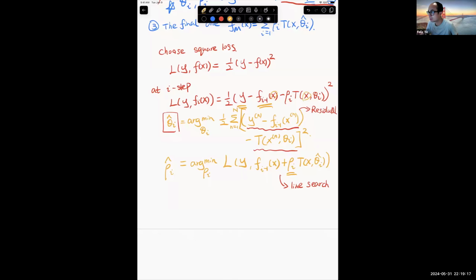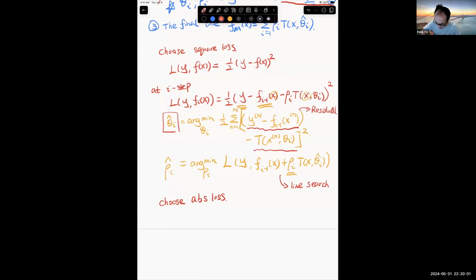But of course, if we have a more complicated loss function, how can we do this update? For now, with the square loss, we figured out this is related to approximating the residual. It's like gradient descent, but in the direction of functions. For example, you can choose a different loss, such as the absolute loss.